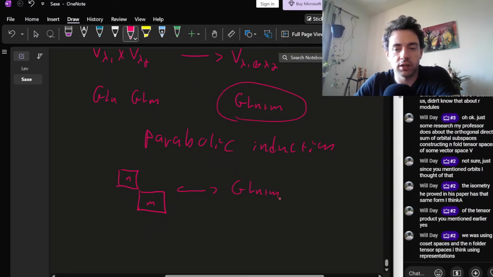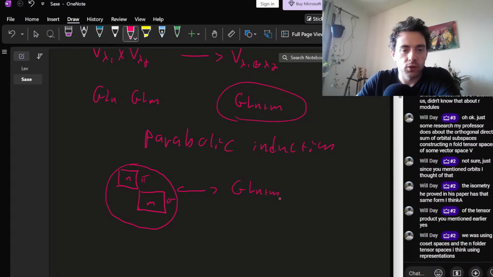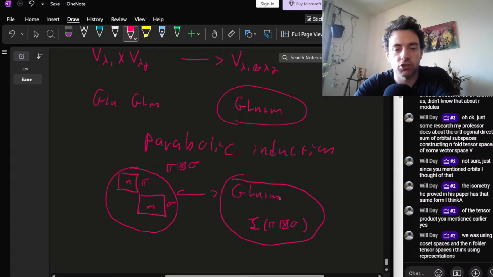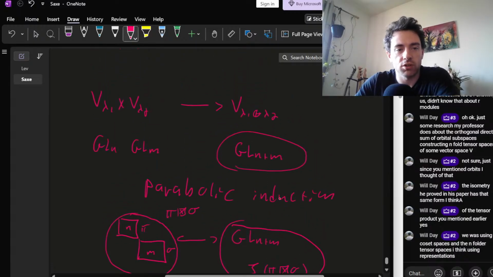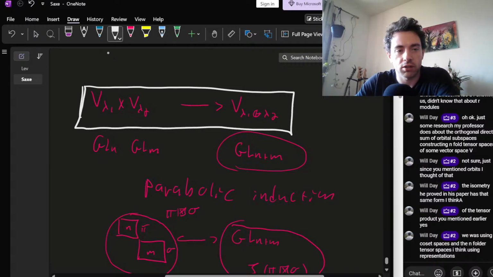You take two representations, pi and sigma, and the way to glue them together is the external tensor product, and then you look at the parabolic induction of that, and that becomes a representation here. That's the representation theoretic thing that corresponds to the direct sum.